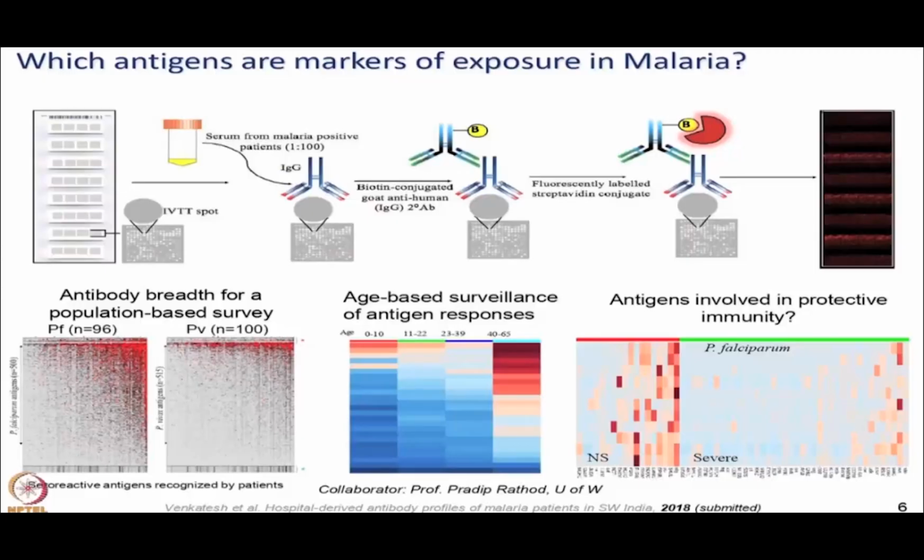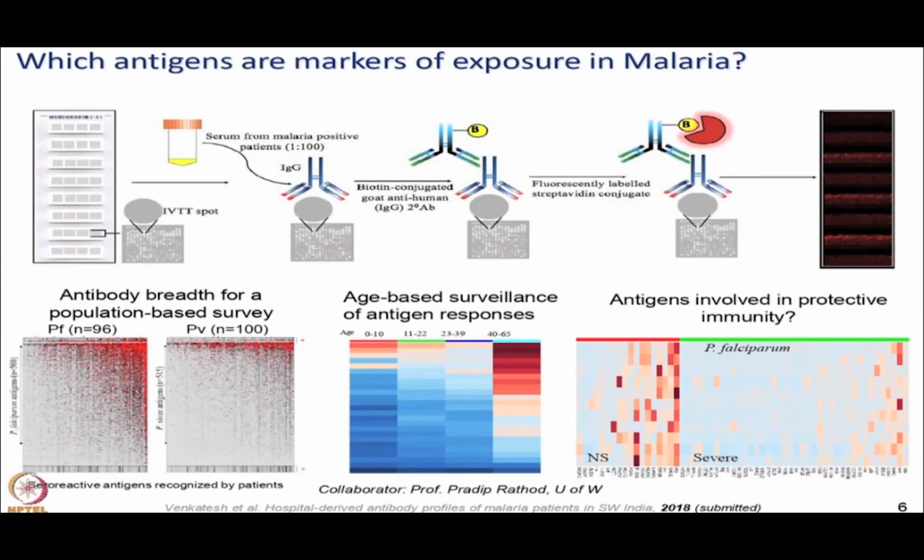Additionally, we looked at a protein microarray based platform to know which antigens are markers of exposure in malaria. Some of this study can be a foundation for doing population based studies, where one could ask various questions. What is the antibody breadth for a population based survey?